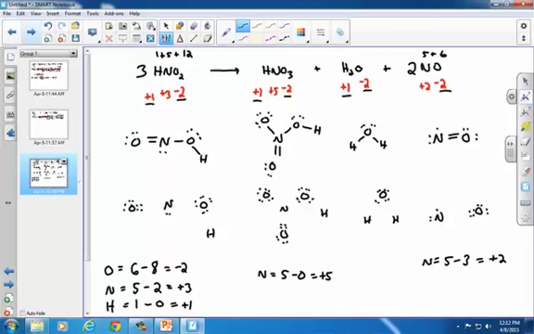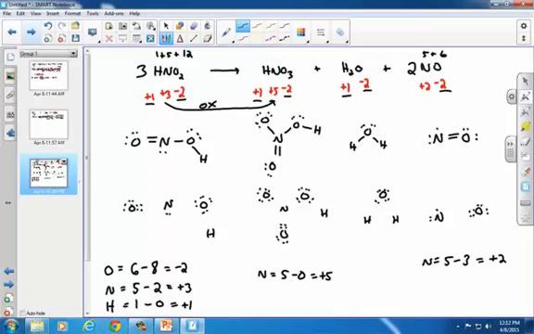There's no change. So the oxygens and hydrogens are not undergoing any reduction or oxidation. What is changing is that in some of my nitrogens, they're going from a +3 to a +5. So some of the nitrogens are being oxidized.